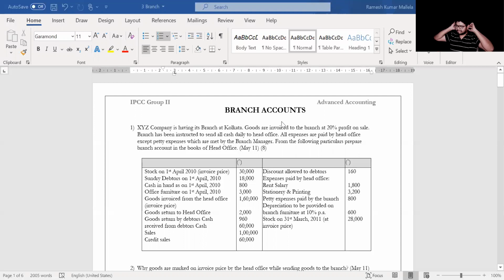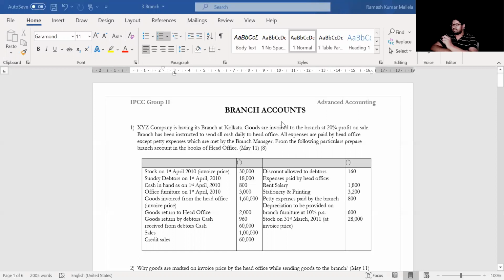Stock on 1st April 2010 at invoice price, sundry debtors on 1st April 2010, cash in hand, office furniture on 1st April, goods invoiced from head office at invoice price 1 lakh 60, goods returned to head office 2,000, goods returned by debtors 960, cash received from debtors is 60,000.